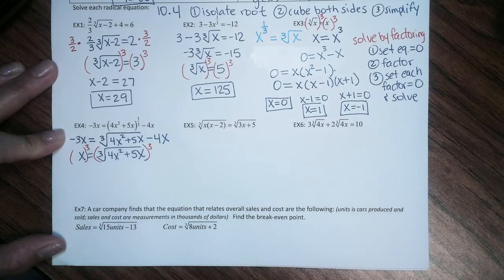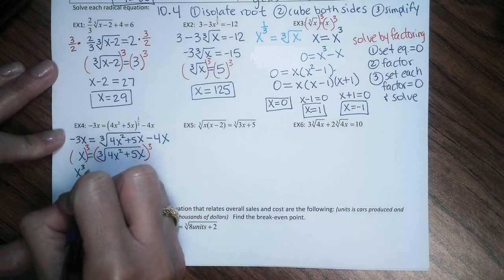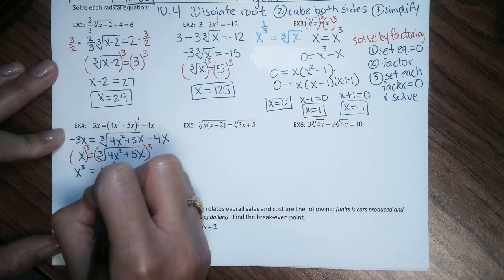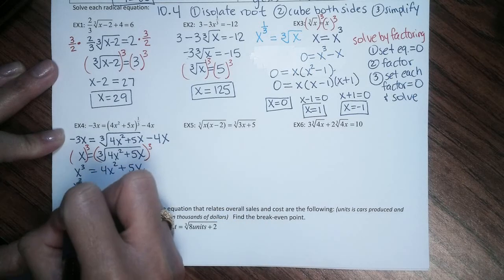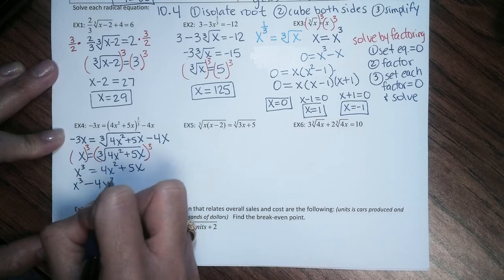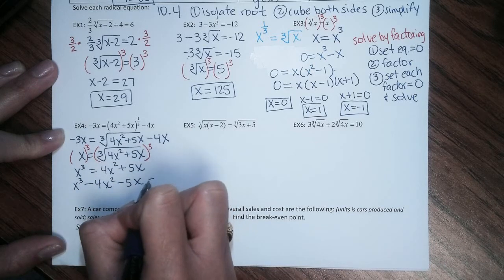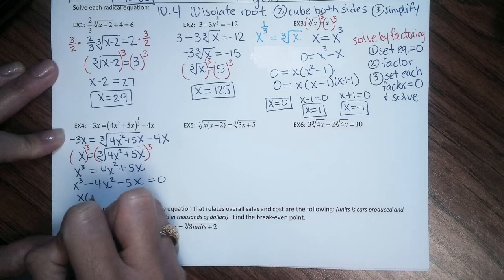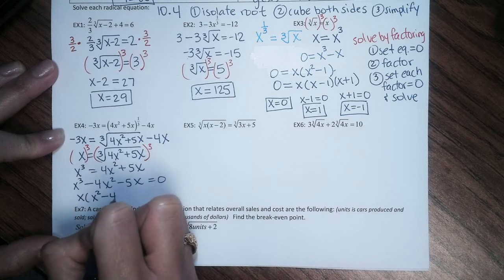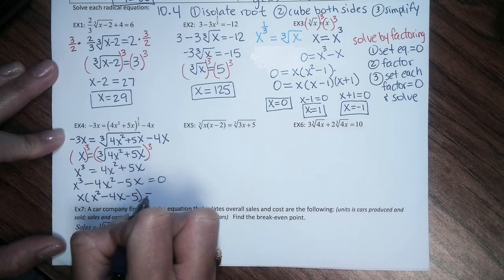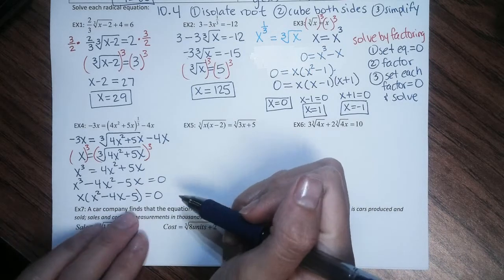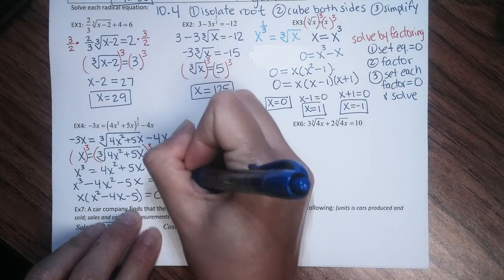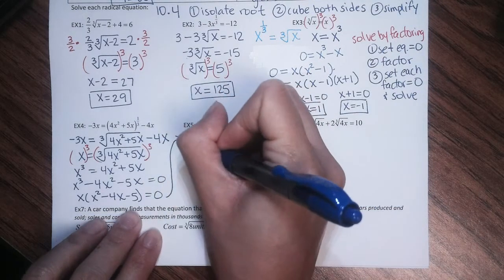Cube it. x cubed equals 4x squared plus 5x. x cubed minus 4x squared minus 5x. You should be getting nice answers because that's what I chose for your test. I don't have enough room, so let me put it over here.